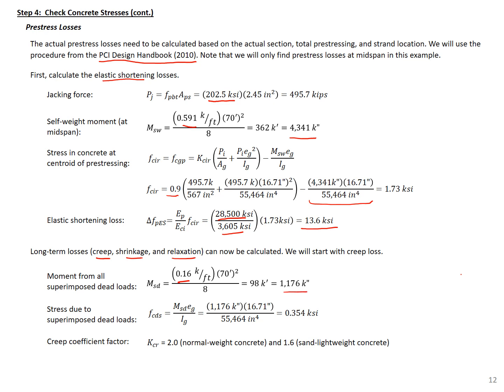We can use that to find the stress at the centroid of our prestressing strands caused by the superimposed dead load. And then the other factor that I show here is a KCR term, where our KCR is going to be equal to 2 for normal weight concrete. And essentially this is a creep coefficient, telling us how our concrete is going to creep over time.